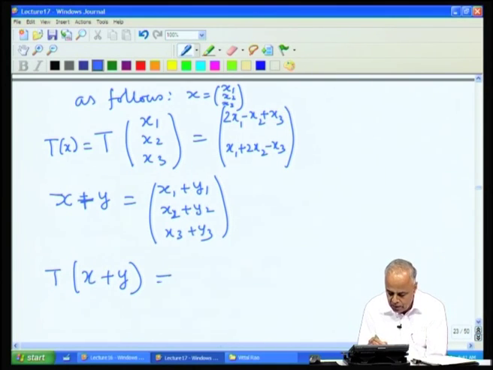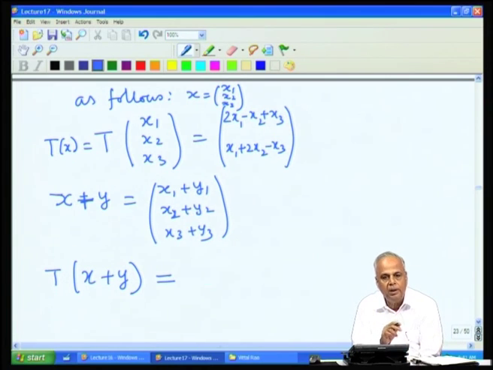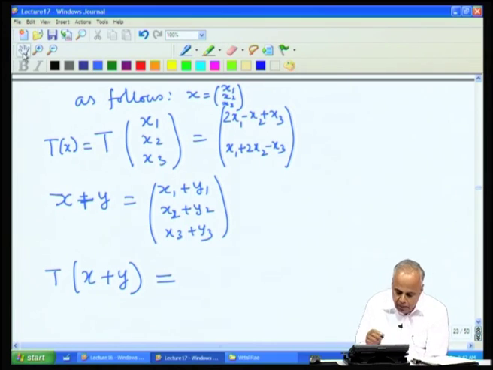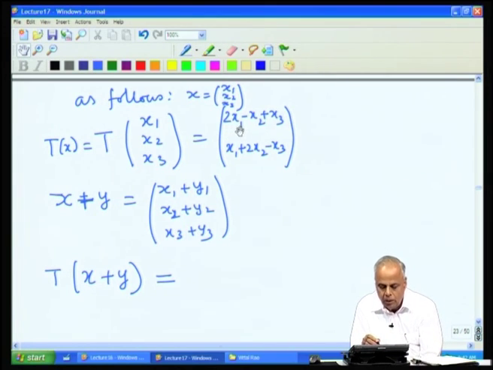Let us observe this carefully. The way T transforms is, it takes a 3 component vector and converts it into a 2 component vector. How are these 2 components formed? The first component is made up of all the 3 components of the original vector. It takes 2 parts of the first component, subtracts one part of the second component and adds one part of the third component.